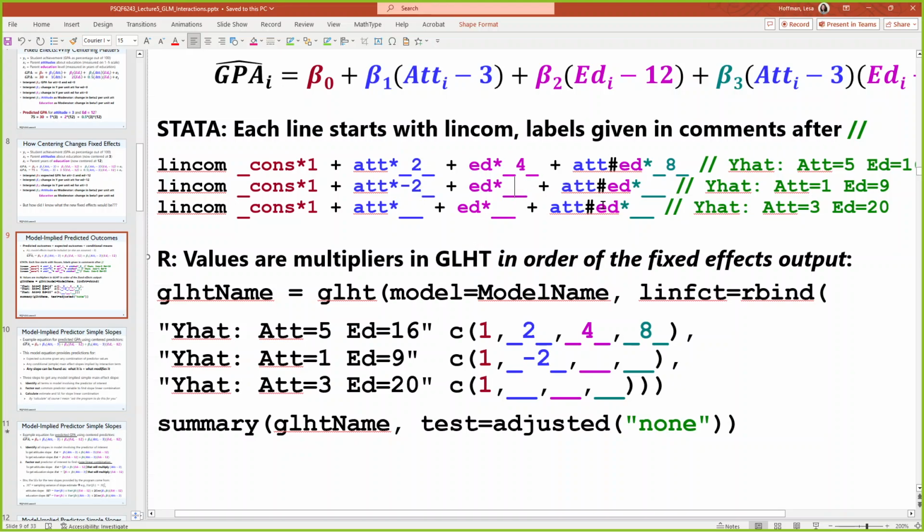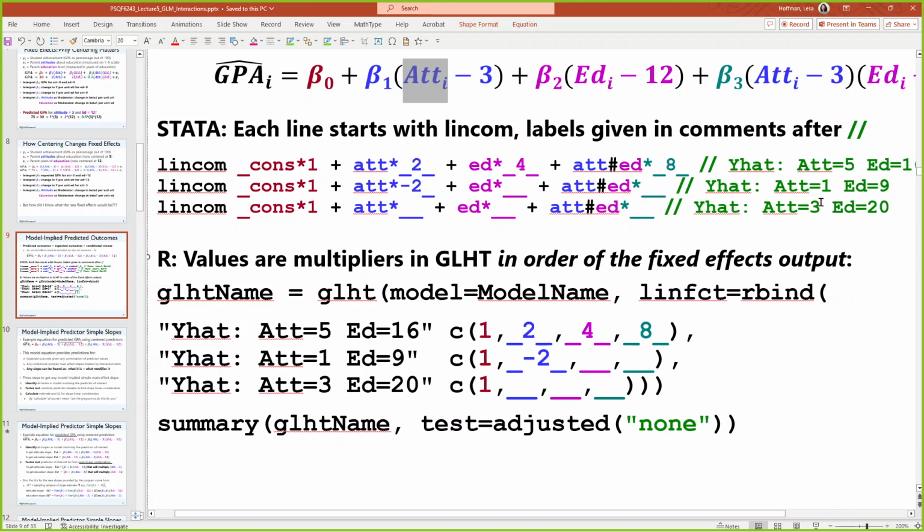I'm of that kind. Education of 9. -2 is because we're solving for attitude of 1, and attitude was centered at 3. So it's like I would say 1 minus 3, and then the result is -2. So we're plugging in the original value here, then we subtract 3 from it to get the centered version.